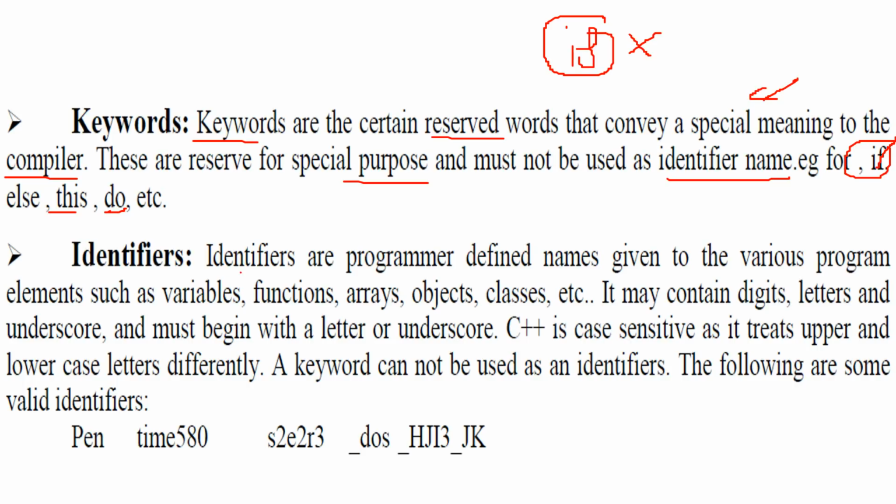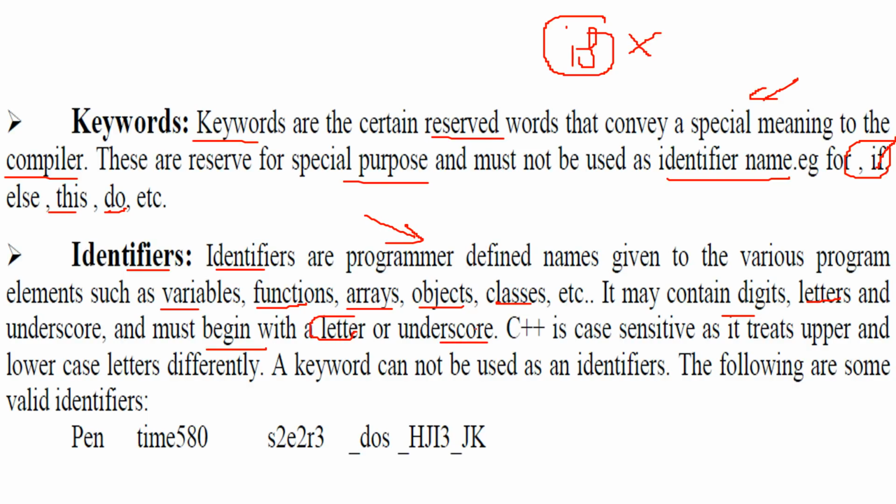Identifiers. So these identifiers are the names which you give, because you are going to use variables, the function names, the arrays, the objects in the classes, so there will be various names. For that, you need to have a certain way to identify them, and identifiers do exactly that. It may contain digits, letters and underscore, but it must begin with a letter or an underscore.